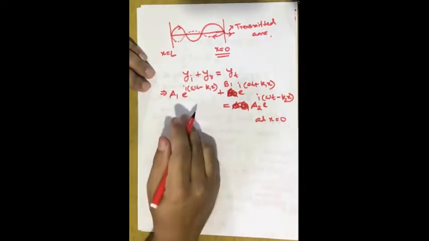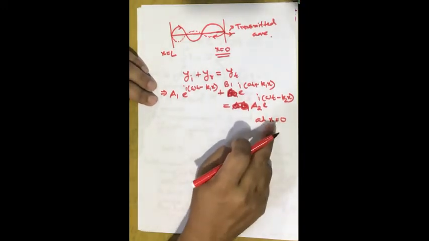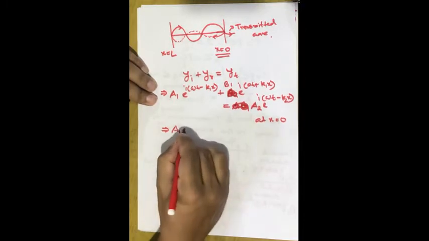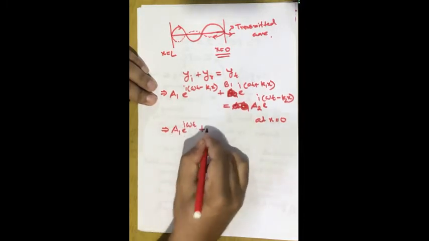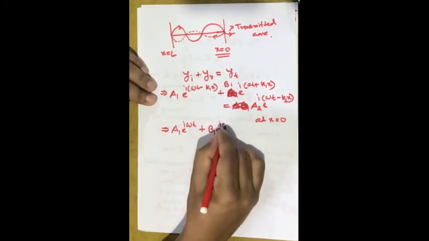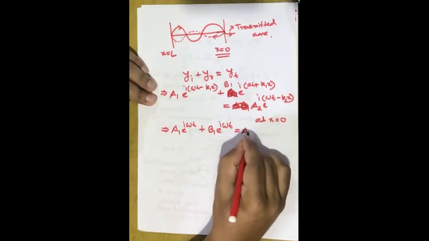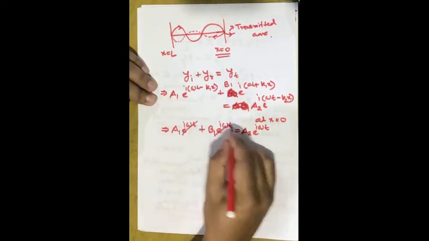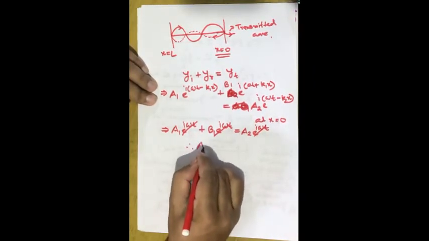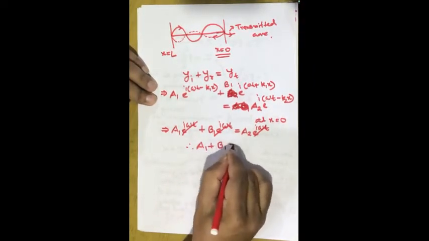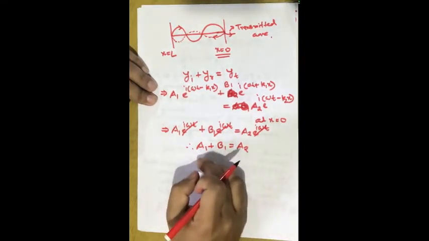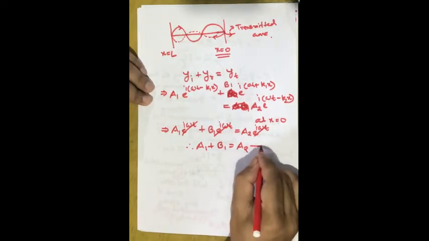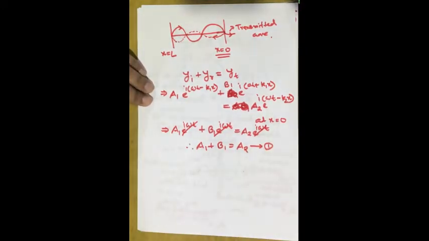Sorry, this part was b1. So we put x equal to 0 in this expression. We get a1 e to the power i omega t plus b1 e to the power i omega t is equal to a2 e to the power i omega t. These are the same, therefore a1 plus b1 is equal to a2. So this is our equation 1.